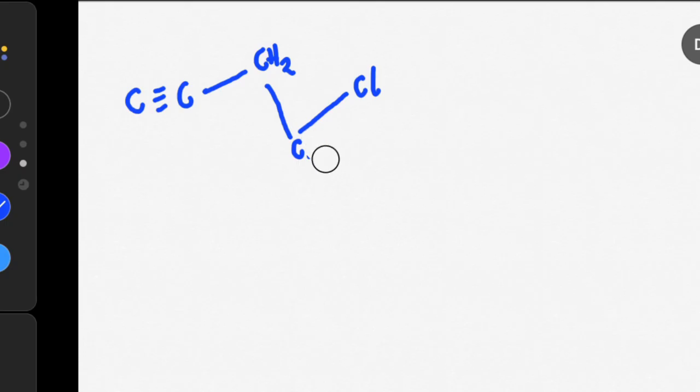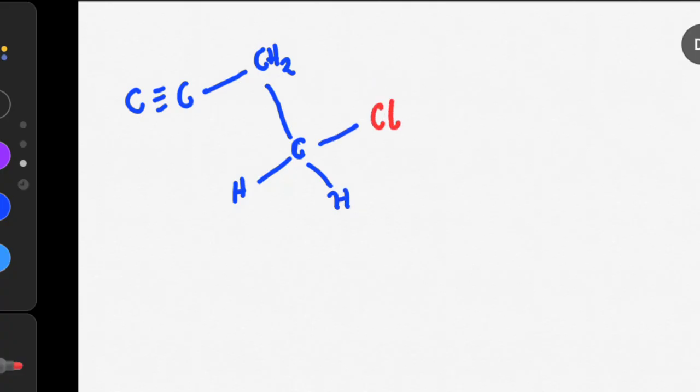Let me make it clearer with the writing. So we have CH2, with an H here and another H here, before the chlorine. I missed putting an H here because there's an H here.